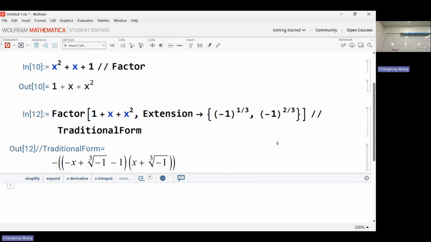Have you seen cubic root of negative 1? What is cubic root of negative 1? Isn't that just negative 1? How do you know if the cube root of negative 1 is negative 1? You take the negative 1 to the third power to see if it's negative 1, and it turns out it is, right? But how many cube roots should negative 1 have?